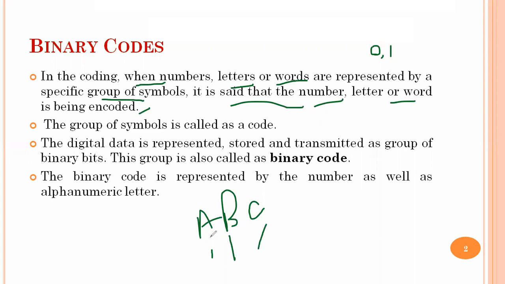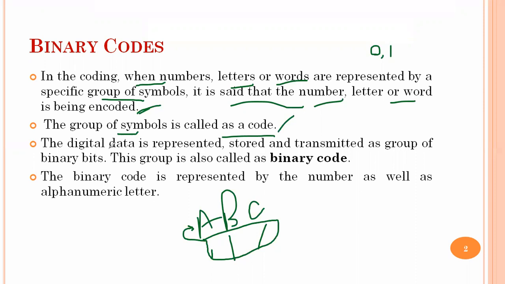That means we are encoding ABC into this format. So any number, letter, or word represented by a specific group of symbols means the data is being encoded. The group of symbols is called code. The result of encoding the data into another form is called code.